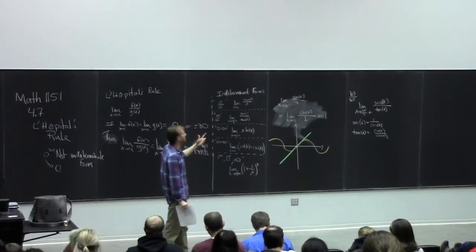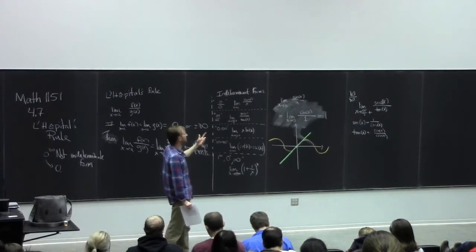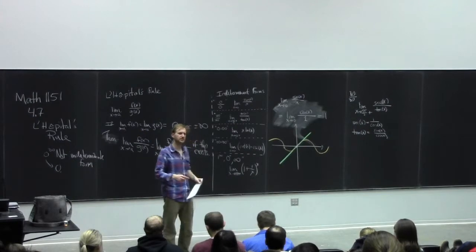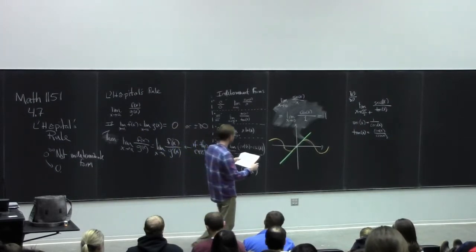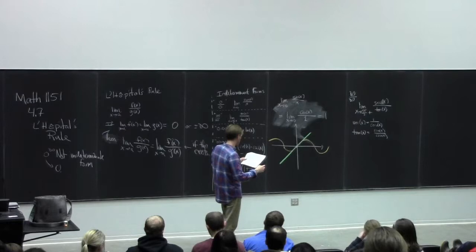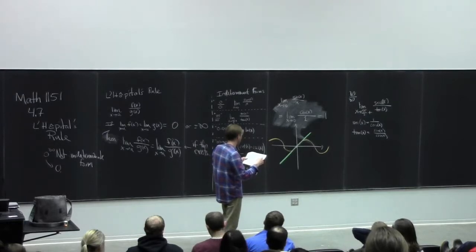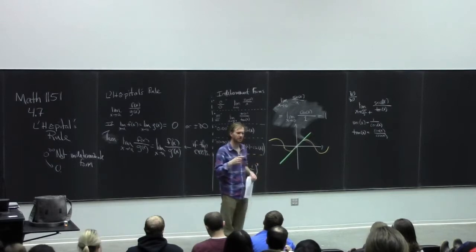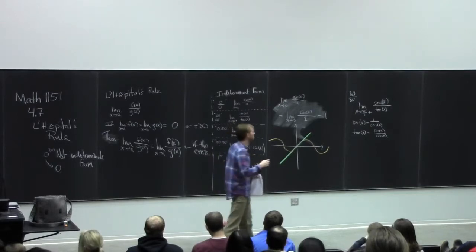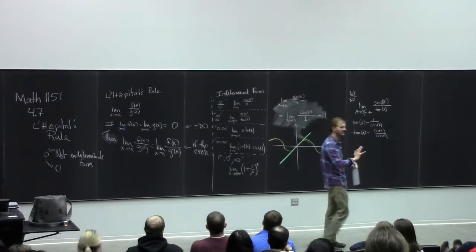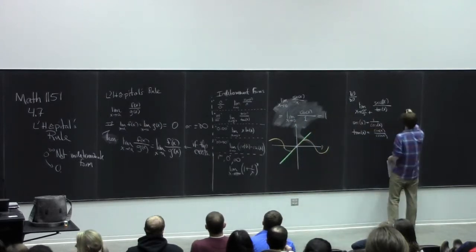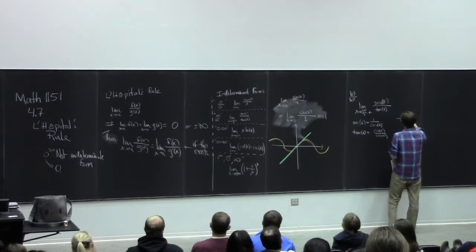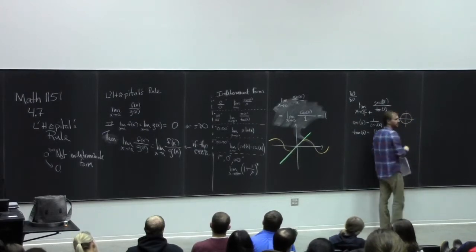Cosine of pi over 2 is going to be, what's cosine of pi over 2? 0. And as we approach pi over 2 from the right, draw a unit circle. I'm approaching pi over 2 from here.